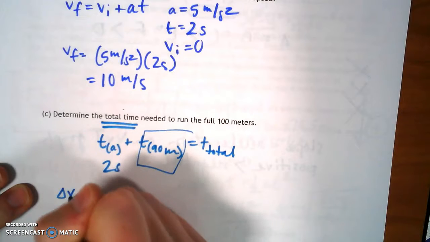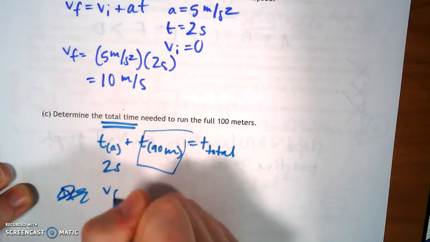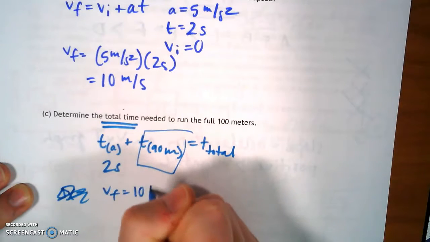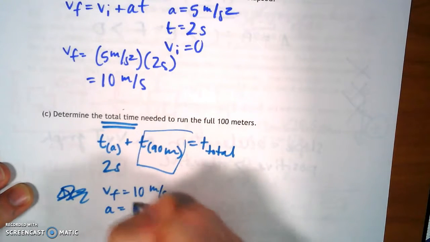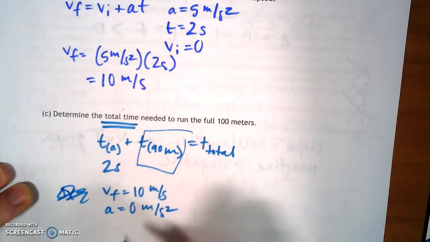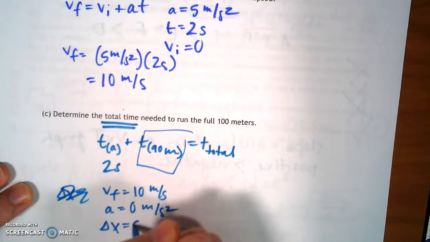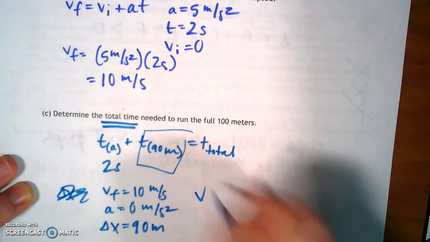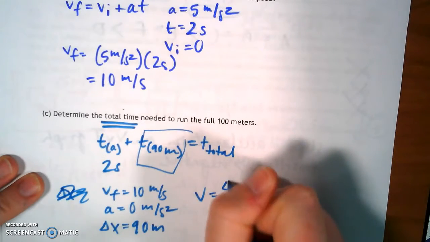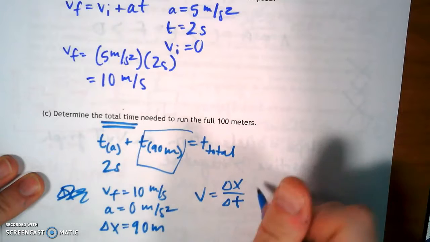So if I know, even easier, now I know that my final velocity is a constant, that my acceleration is 0. This runner cannot run any faster. So that means that I can, for the remaining 90 meters, use our very basic definition that change in position divided by time is equal to velocity.